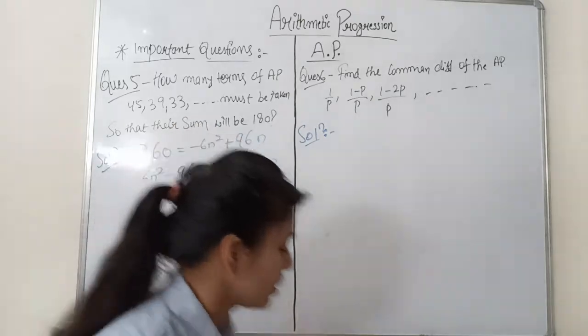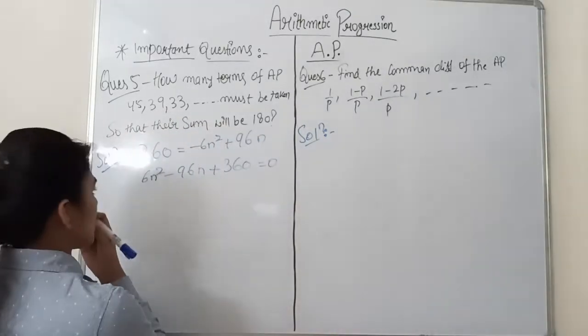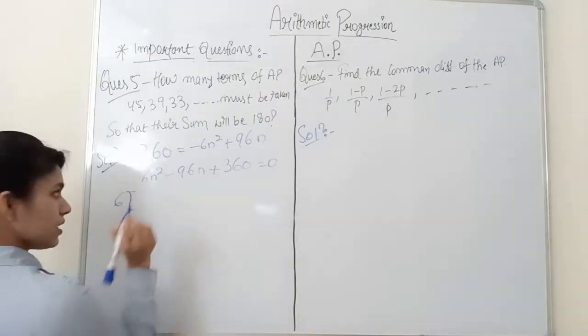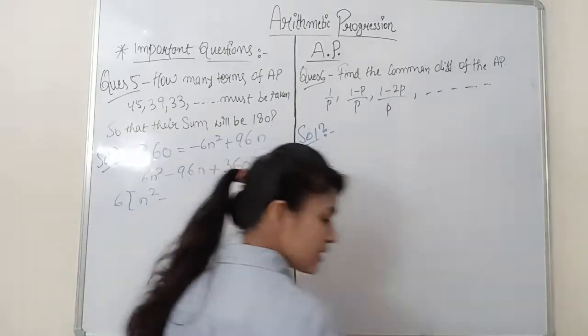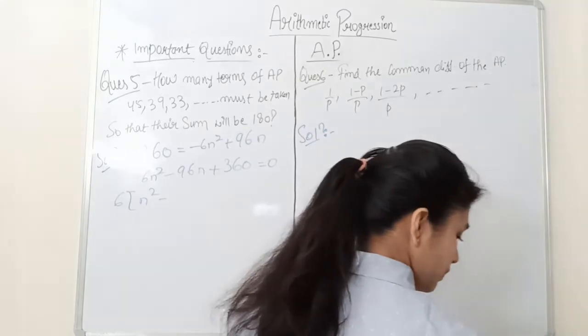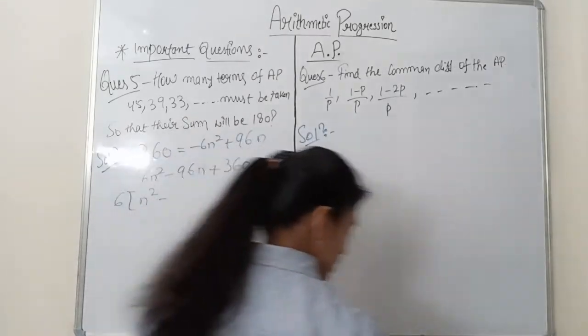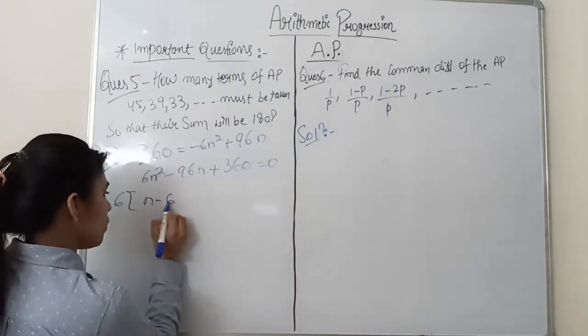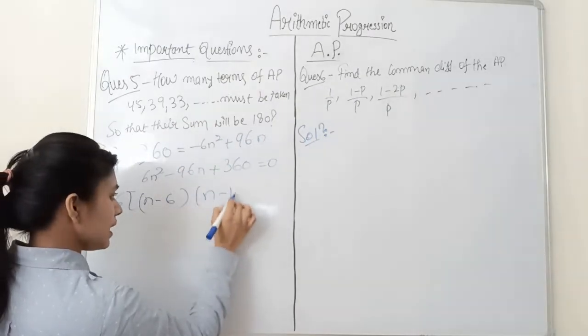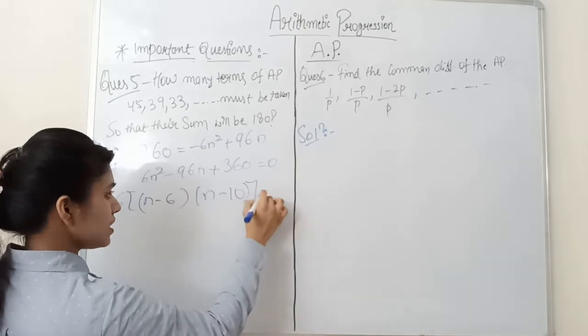After changing the negative sign, take out 6 common, n square minus 16n plus 60, which is n minus 6 into n minus 10 is equal to 0.